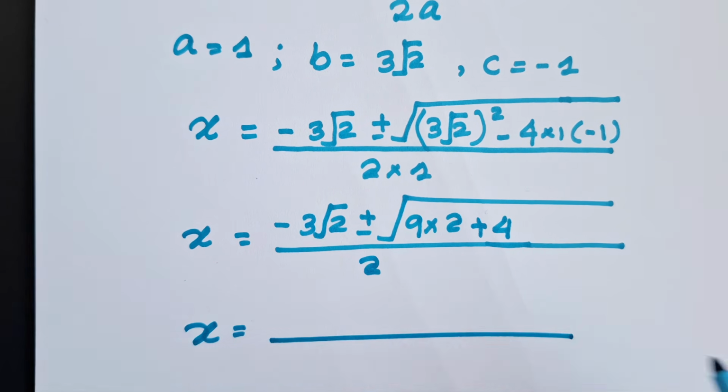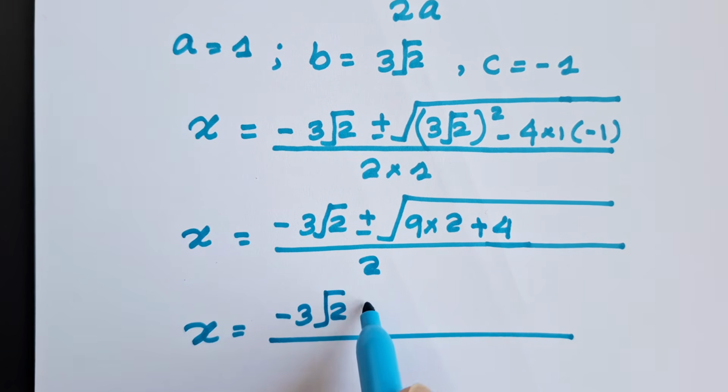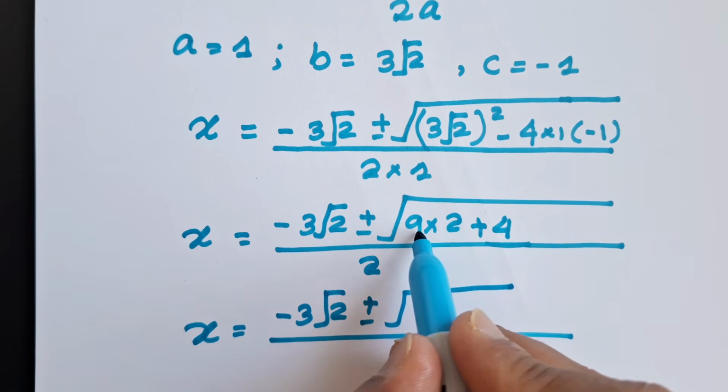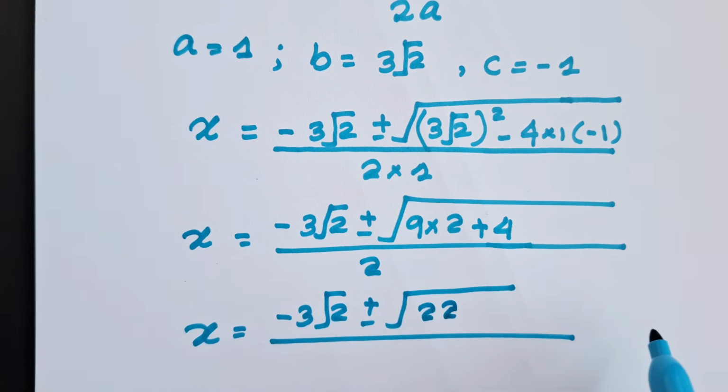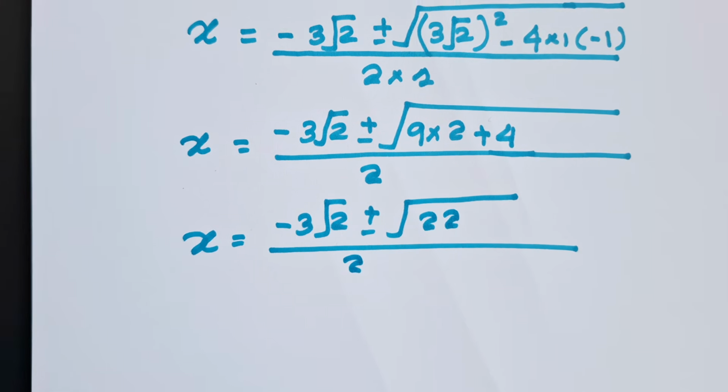Then we have x is equal to minus 3 times square root of 2 plus or minus. Here 9 times 2 is equal to 18, plus 4 is equal to 22, divided by 2.